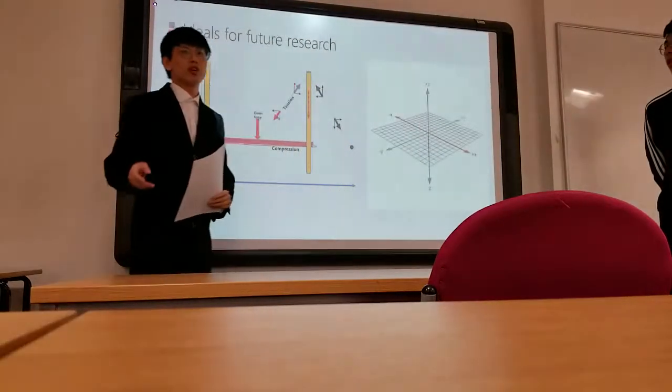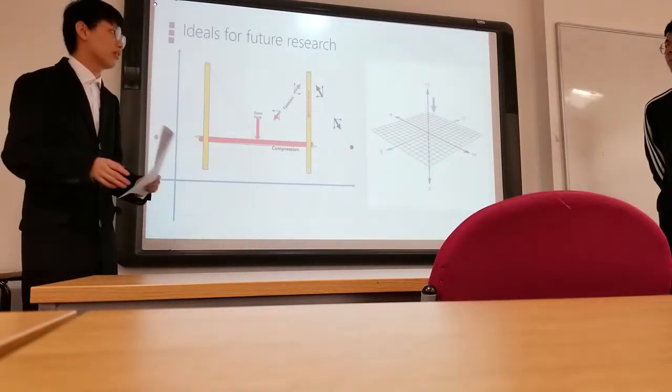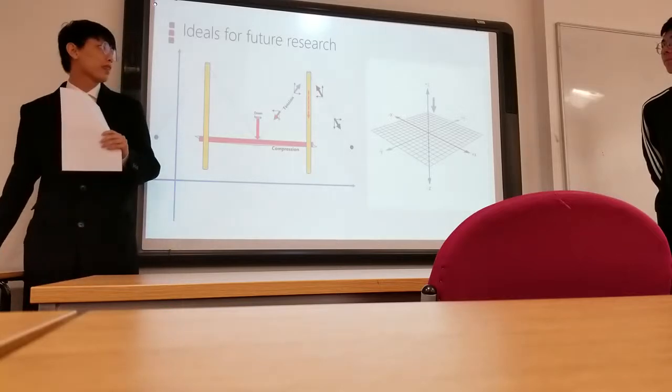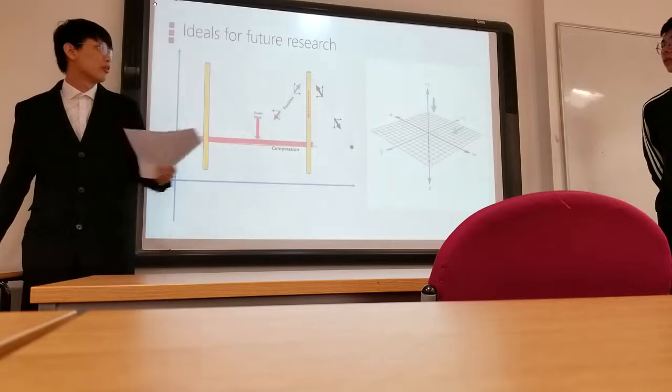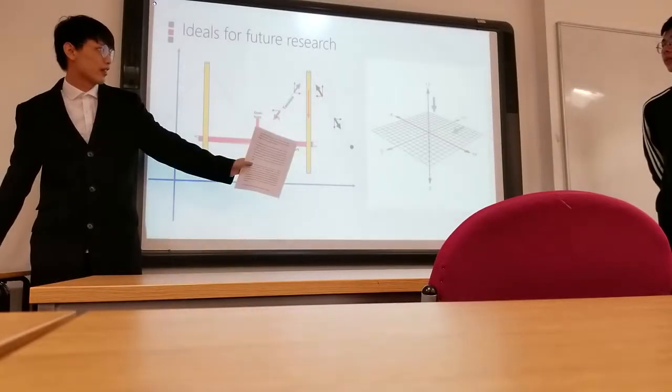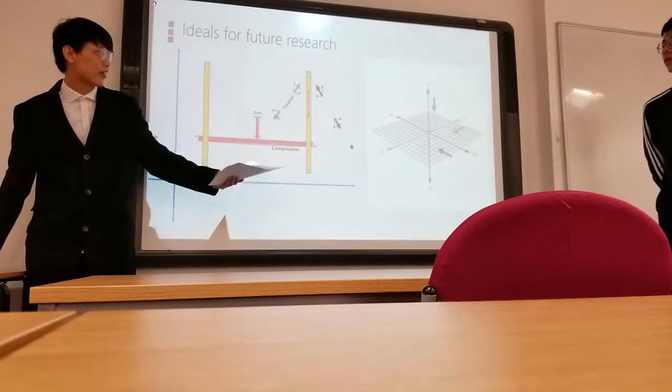So the force will come from a lot of different directions, and the bridge will receive force from different angles. We can see it from the x-axis, the y-axis, and even the z-axis.